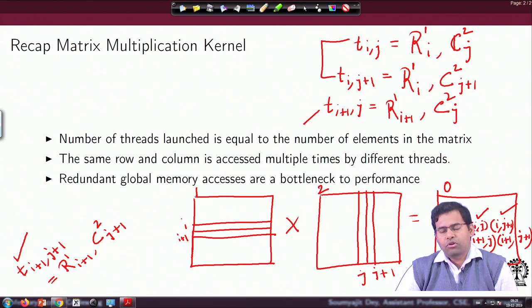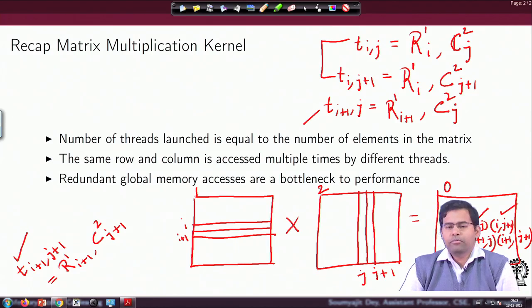They can bring in data in such a coordinated manner that the data required by one of the threads in the block is also useful to some other thread inside the block, if it is brought from the global memory and made resident in the shared memory location. Then each of the threads inside the block would be accessing the data from the shared memory location, and that access will be much faster.